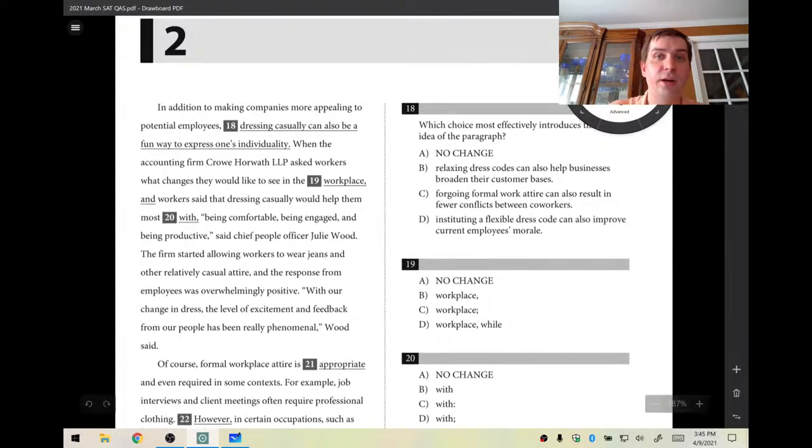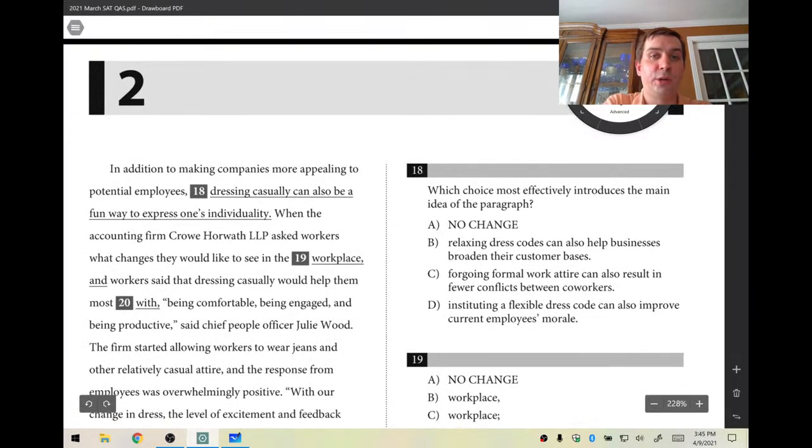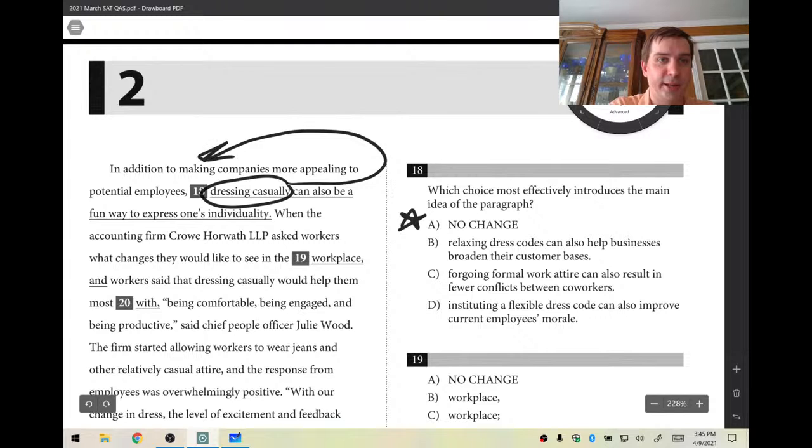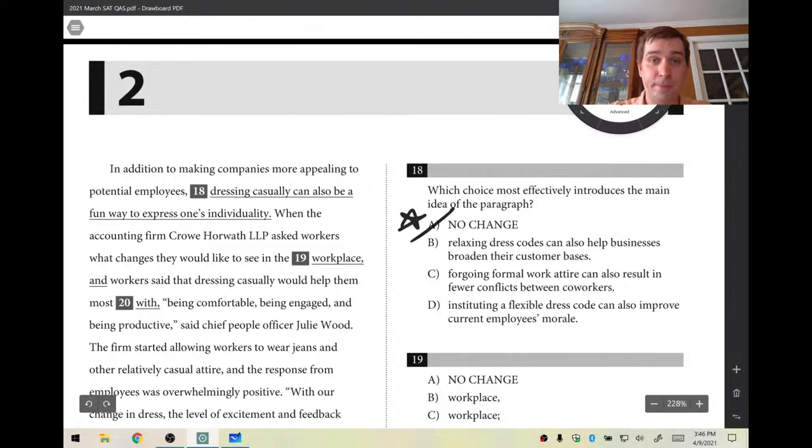All right, so this is a very interesting way they phrased answer choice A. Let's look at A. So my question is, does dressing casually make companies more appealing? Because that's what the sentence says. The sentence says dressing casually makes companies more appealing, which makes no sense at all. So obviously it's not A.